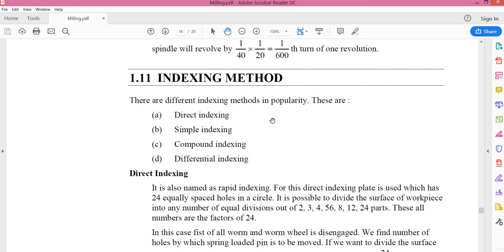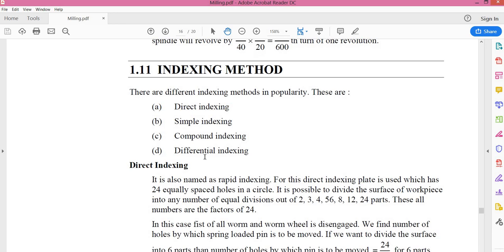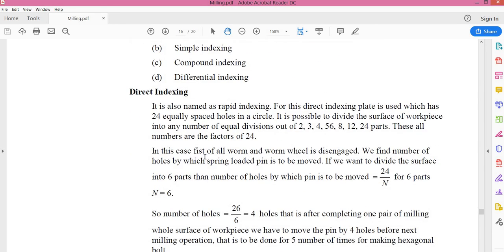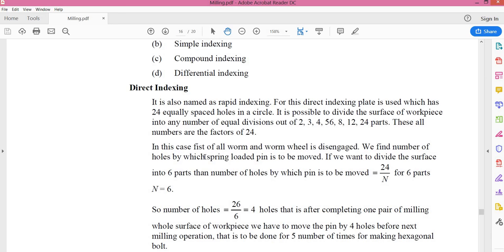Now if we see the indexing method types, there are different types: direct indexing, simple indexing, compound indexing and differential indexing. We will focus basically on direct and simple indexing, which are the most important methods and are usually asked in the exam. The direct indexing method can also be called the rapid indexing method.